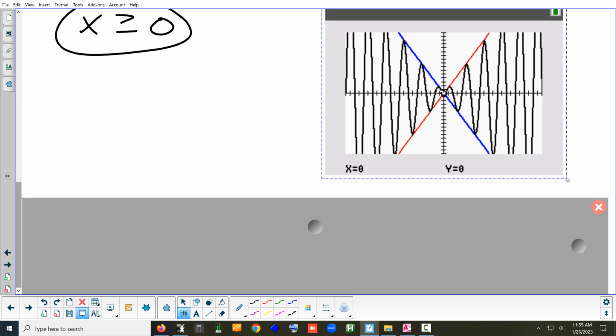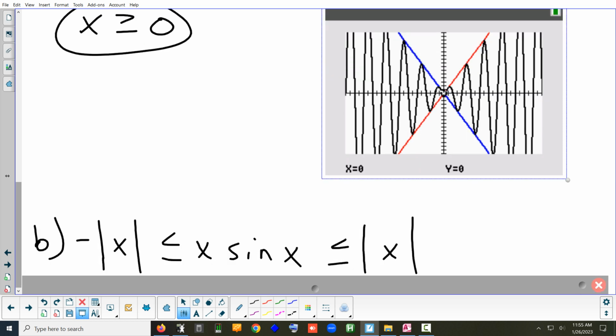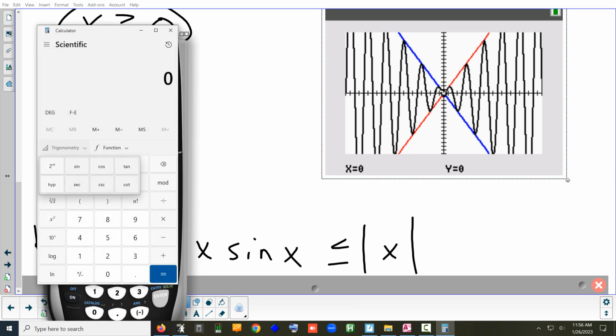Now, kind of a similar looking graph, but a little bit different. What does absolute value of x look like? It's a V shape, and then putting a negative in front does what to it? It flips it, so we're going to get an upside down V shape. And this is where the color kind of comes in handy.